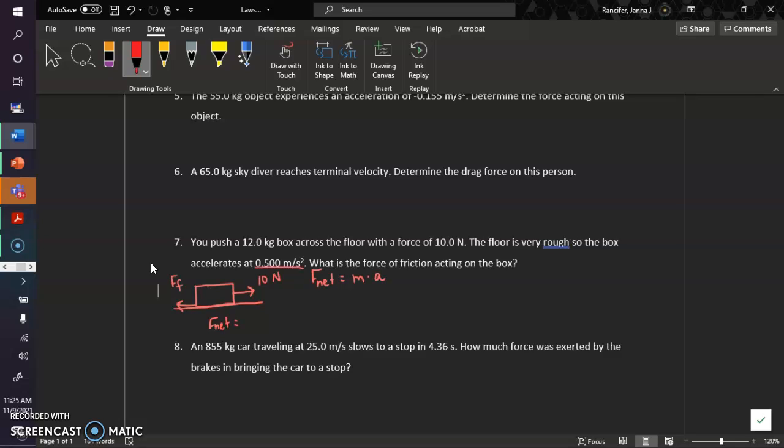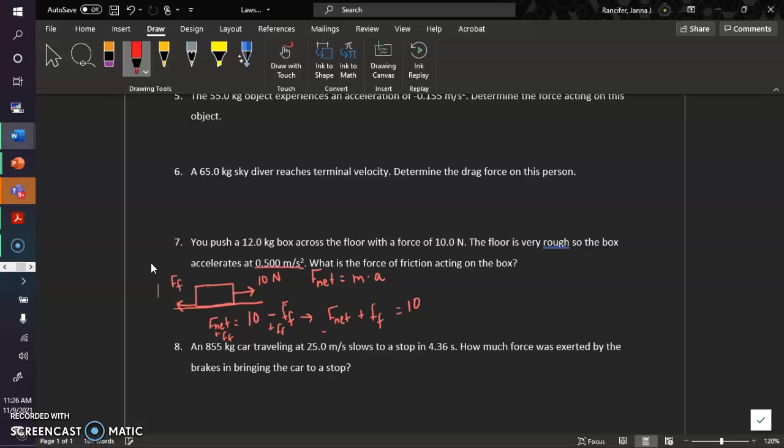One force is the push force, and it goes to the right. And one force is the force of friction, and it goes the opposite direction. So if I need the force of friction, I can add it to both sides of my net force equation. I have F net plus force of friction equals 10.